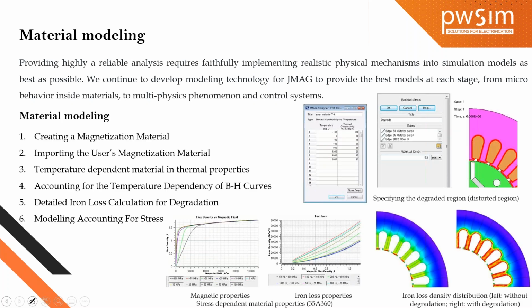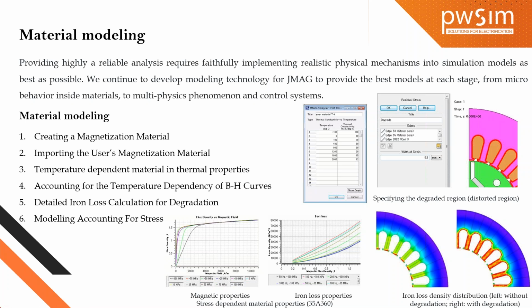For material modeling, we can create a magnetization material and we can import the user's magnetization material option. We have a temperature dependent material in thermal properties and we can account for the temperature dependency of the BH curve. We can use iron loss calibration for degradation and modeling accounting for stress. We can also create a material accounting for the stress dependent BH curve.